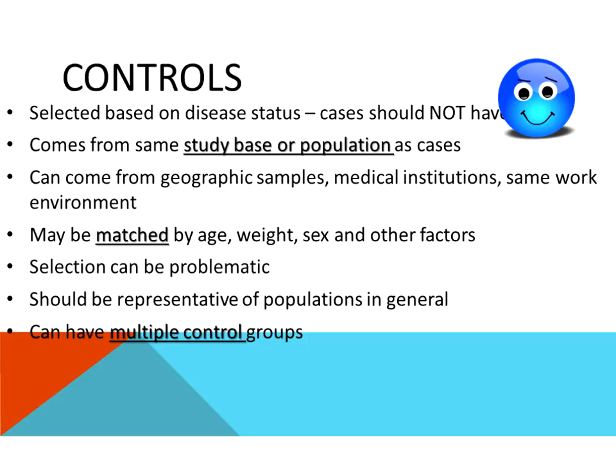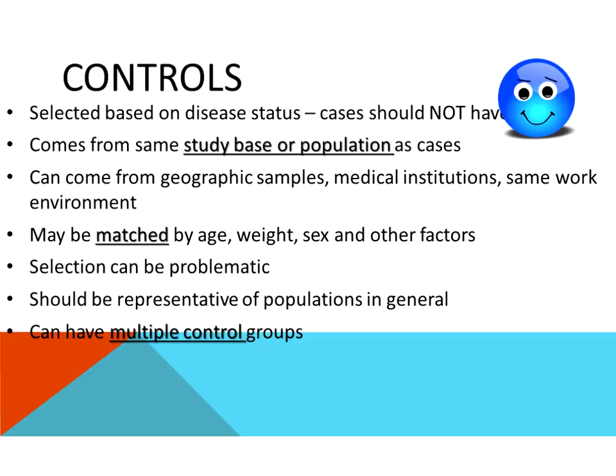So we choose our cases first, and then we try to match our controls by different types of factors. Some of the really common ones are age, weight, sex. We might match them by smoking so that both your cases and your controls do smoke, and therefore it's not confounding, because we know that smoking confounds most of our outcomes.